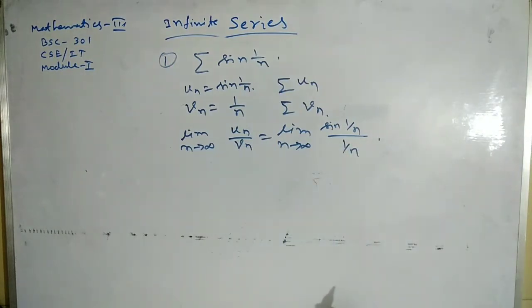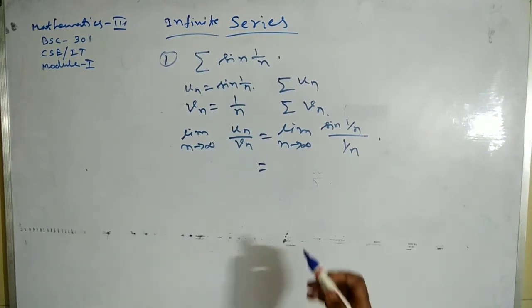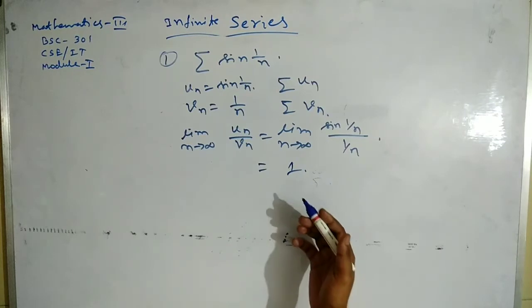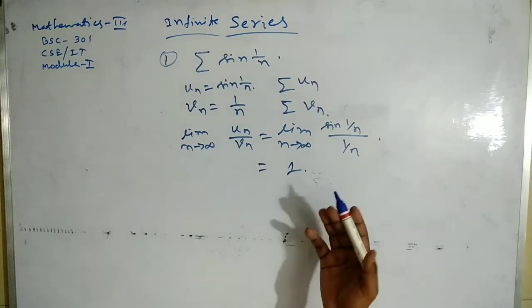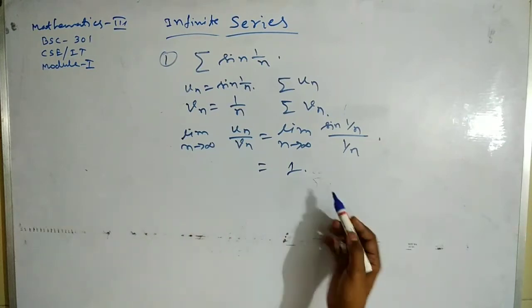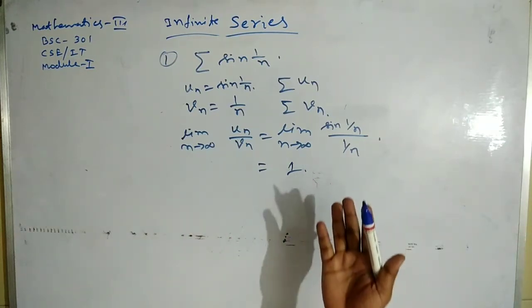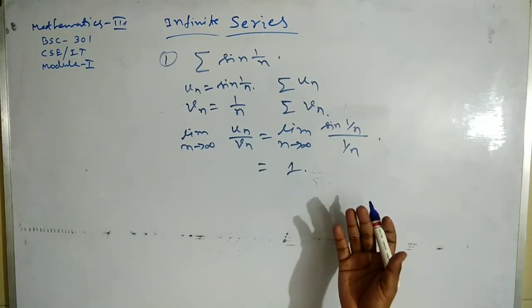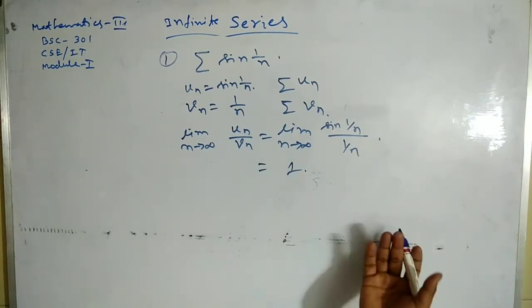We know that the result of this limit will be 1, which is a non-zero finite real number. So we can say that summation vn and summation un converge or diverge together.